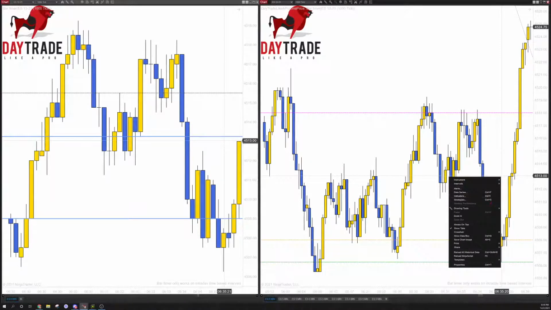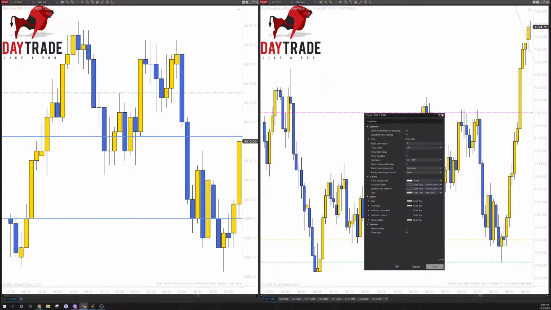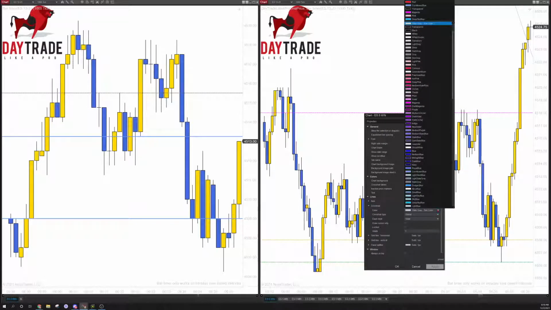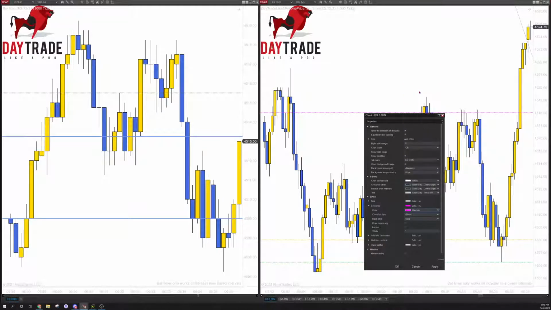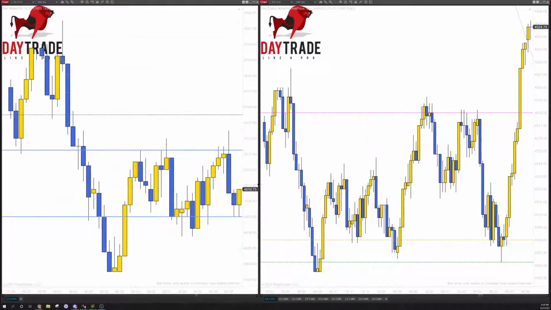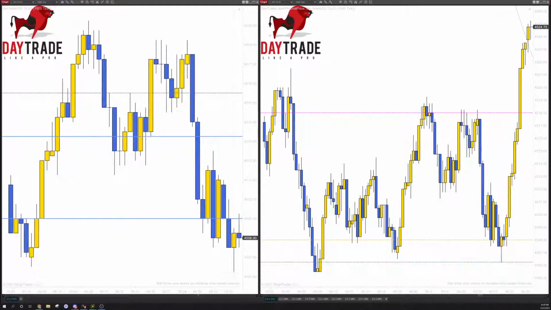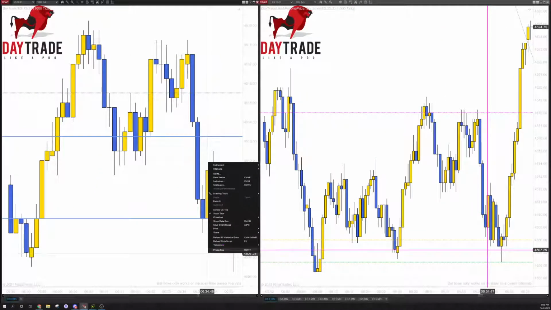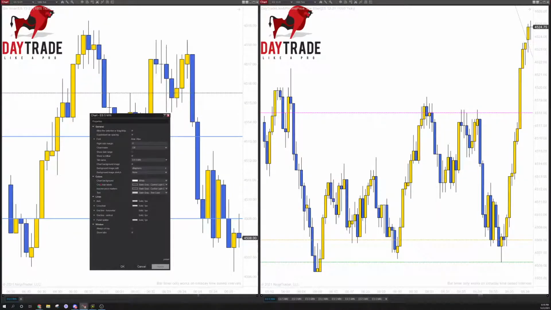Let's make the crosshairs a bit bigger. We'll go like a magenta color, and we'll make these much easier to see. Okay, so we'll look right here, and let's do that on this one real quick, just so we can for sure see what we're talking about and what we're looking at.